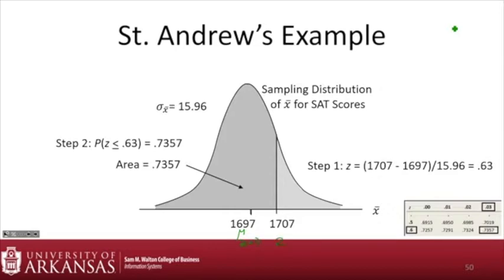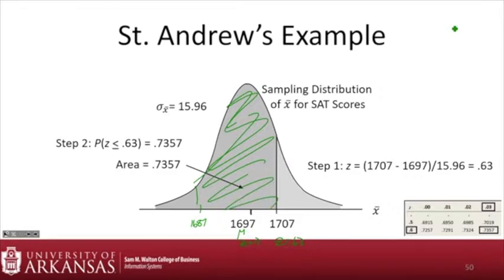And we can calculate the z-score here to be 0.63. Ultimately our goal is to find the probability between here, what was the other number we said? 1687? We want to figure out how much area is between these 2 points.